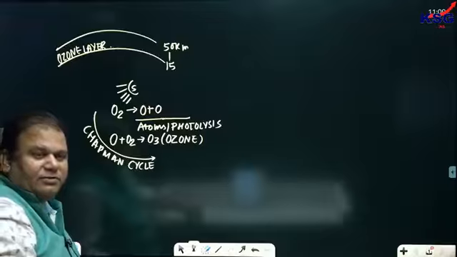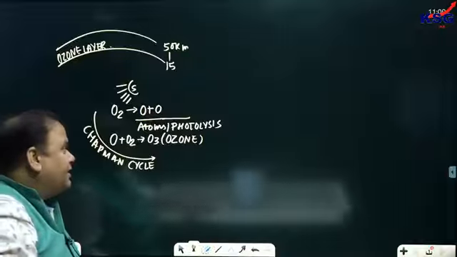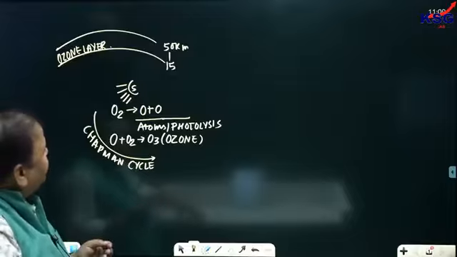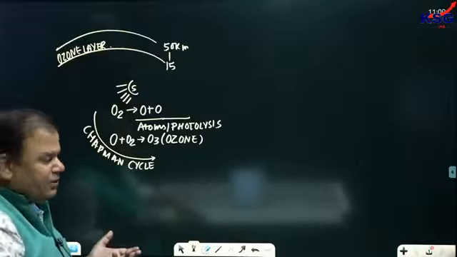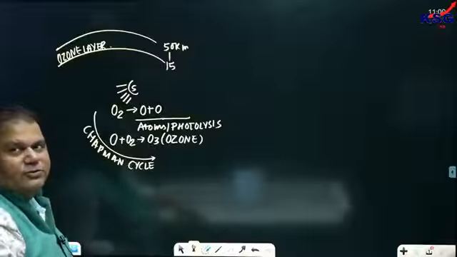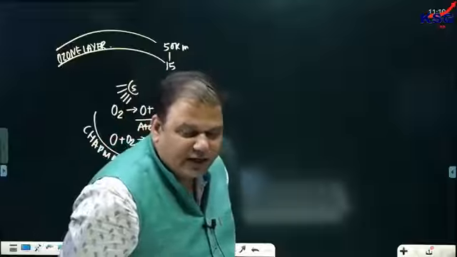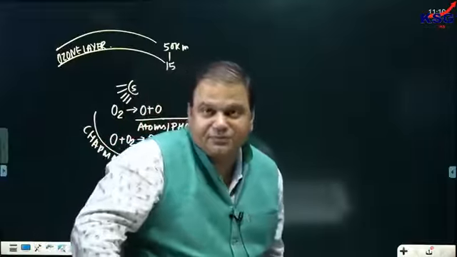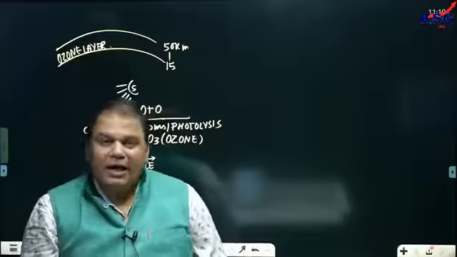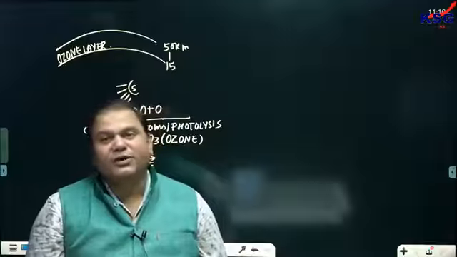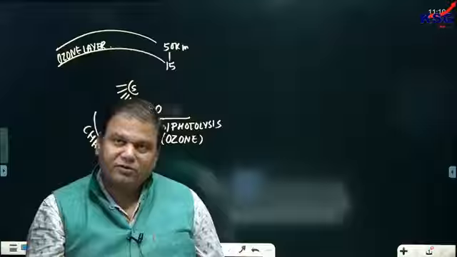They can ask you a question that if oxygen is present in troposphere, and solar radiation is also present in troposphere, why then is the ozone layer confined to stratosphere and not present in troposphere?